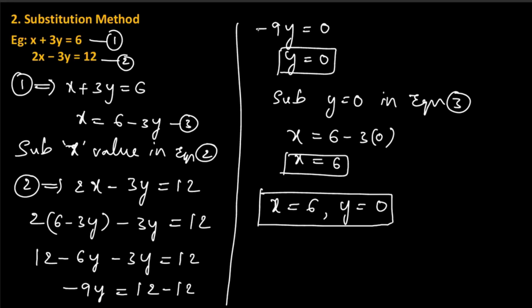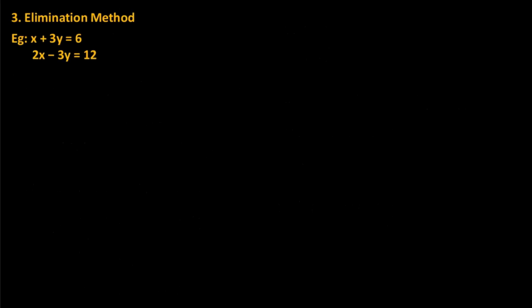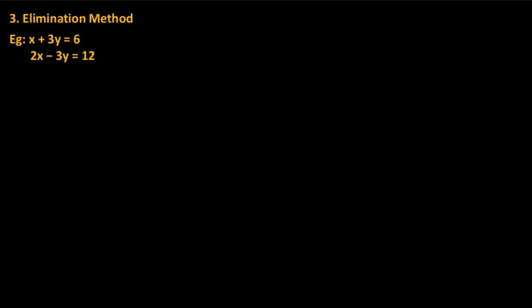Our next method is the elimination method. Let us take the same example for the elimination method also. X plus 3y is equal to 6 as the first equation. 2x minus 3y is equal to 12 as the second equation. So, in the first equation, you are seeing 1 is the coefficient of x.